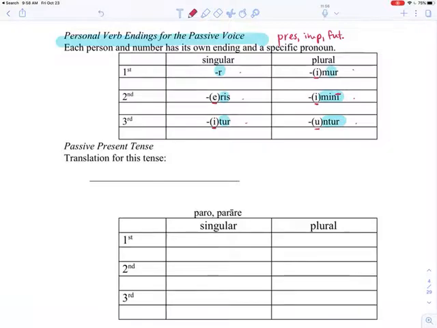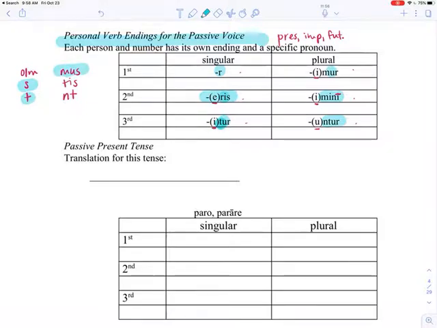Now, as we kind of go back and we think about our active endings, which were O or M, S, T, mus, tis, and nt, okay, the very basics of them, you can see some similarities. So for example, second singular here with the ris, and second singular in active ends in S. For third singular, our T still has the T, but now you have ur after it.